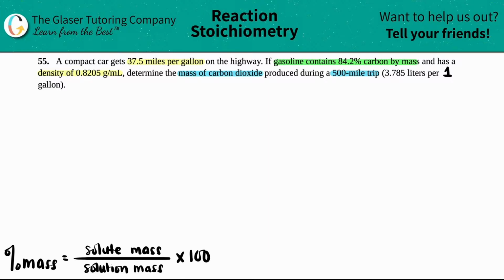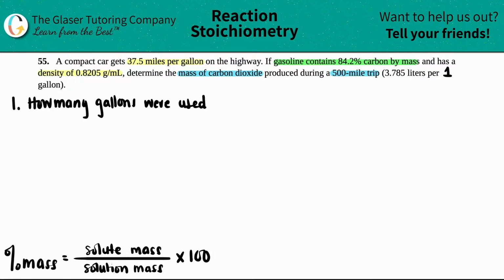So the first thing is that maybe what we can do is see how many gallons this person driving this compact car used. So this question, I think, since there's a lot going on here, I'm going to number it in steps. The first thing that we're going to have to figure out is just how many gallons were used.